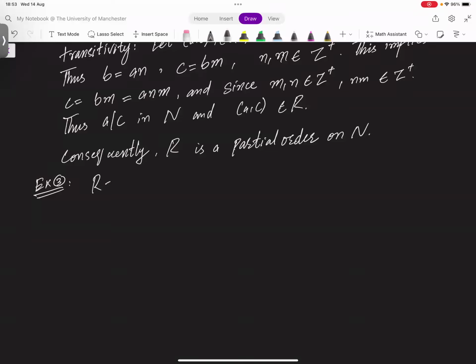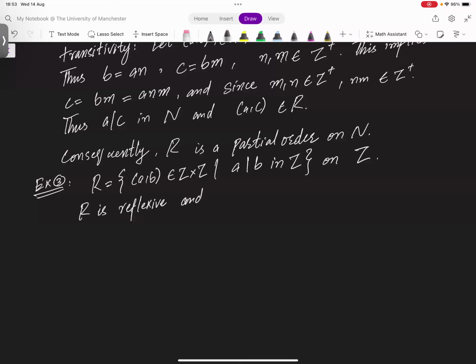We have a relation R of (a, b) over the integers where a divides b in Z. This is a relation on Z. And in the previous example, we showed that R is reflexive and transitive, by example 2.